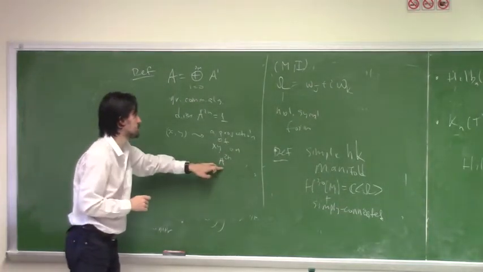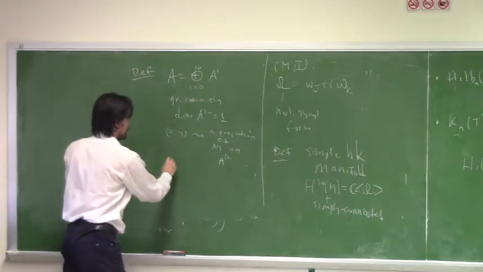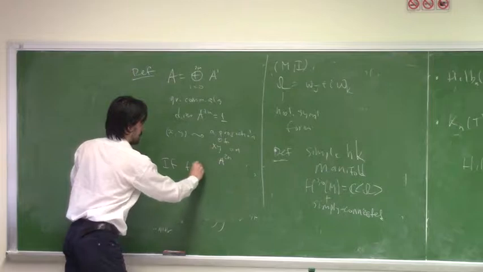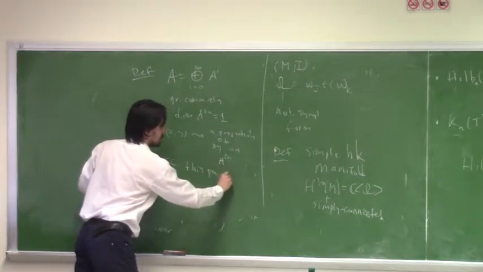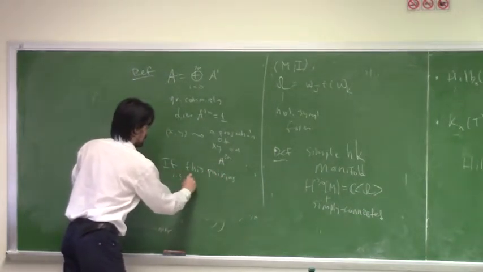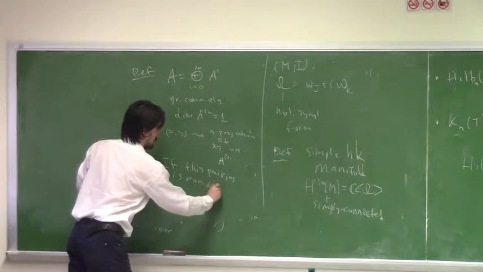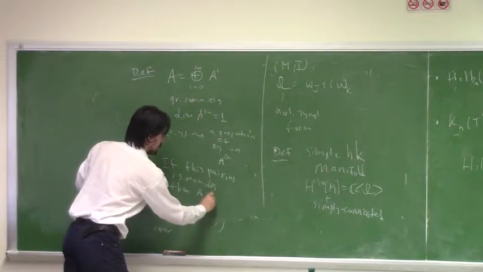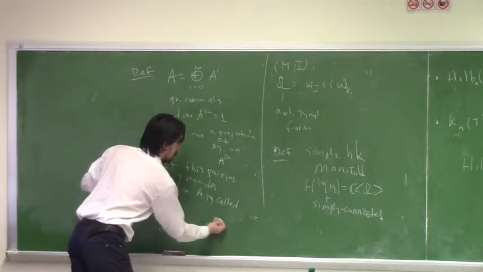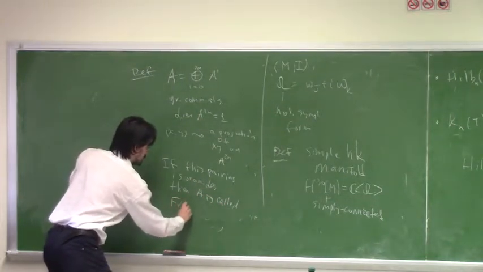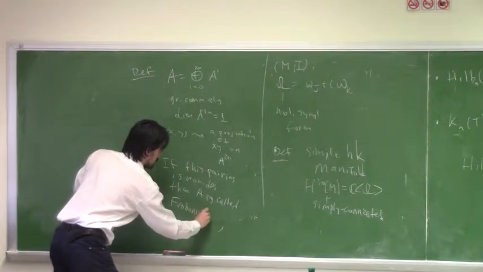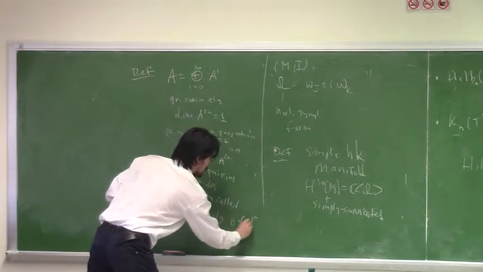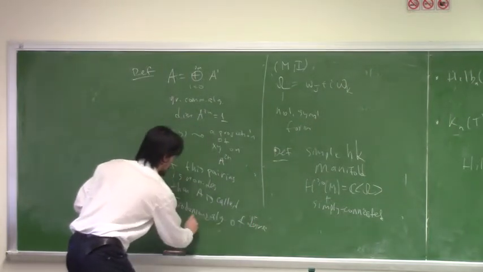Because this is one-dimensional, it is well defined, and if this pairing is non-degenerate, then A is called a Frobenius algebra of degree 2n.